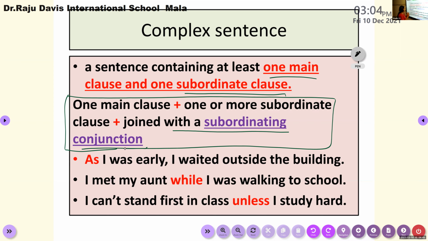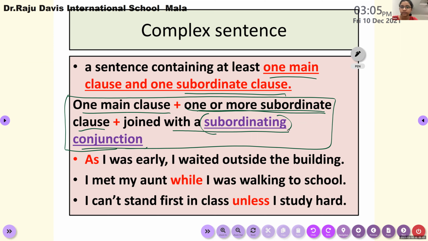Remember, a complex sentence is a sentence which consists of one main clause and one or more subordinate clauses joined with the subordinating conjunction. So the subordinating conjunctions are present only in a complex sentence. Am I clear?